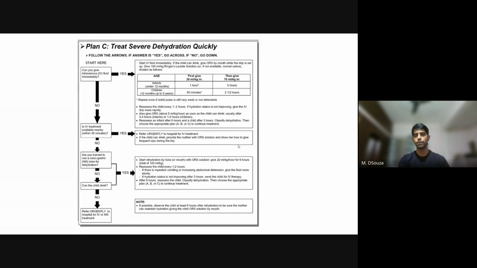So let's consider again another example. We'll go to that same 5 kg child who would probably fall in the infant age group. This child would require 150 ml to be given in that first hour. So your fluid rate at that point would be 150 ml per hour, ensuring that you stop that fluid rate after 1 hour.